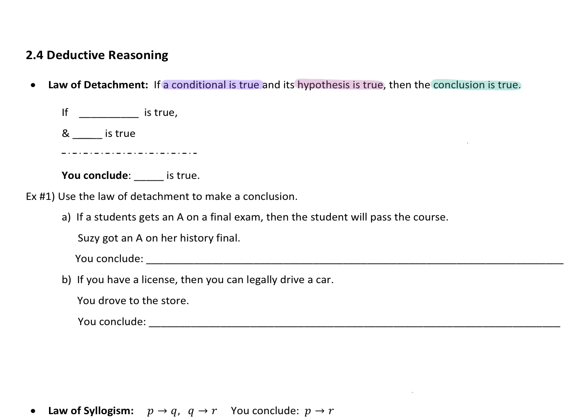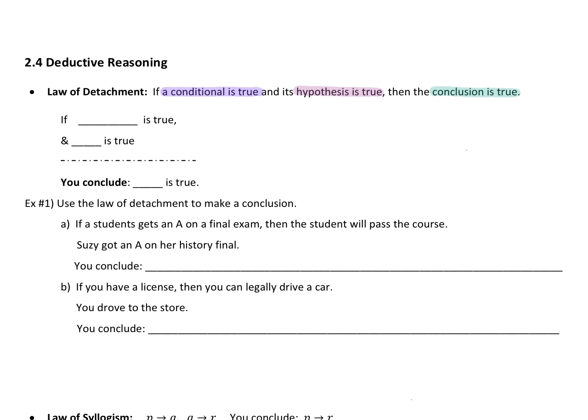A shorthand way of saying that is if P then Q is true, okay, and then the P portion of that is true, your conclusion will be that the Q portion is true, okay?